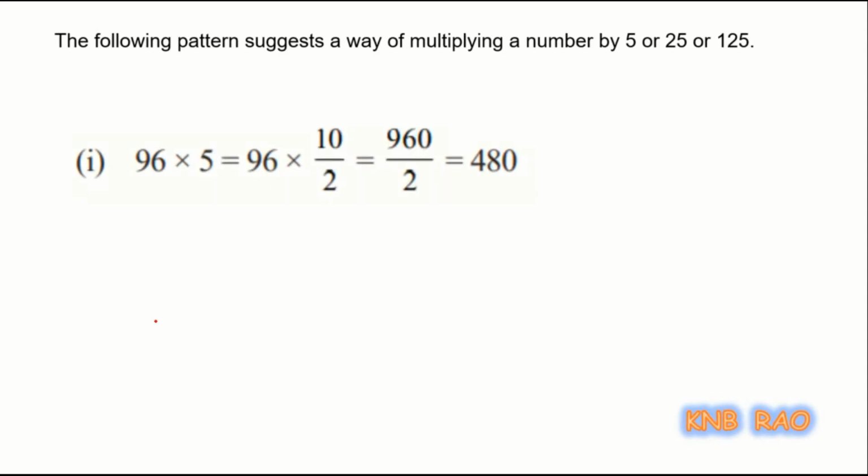For example, in this case, 96 multiplied by 5, where 5 can be written as 10 by 2. If once I write 10 by 2, this 2 cancels 96. So 2 48s are 96. So 48 into 10, 480. So instead of multiplication, it becomes one sort of a simple calculation because it is ending with 0.